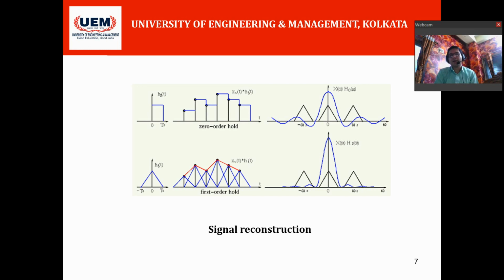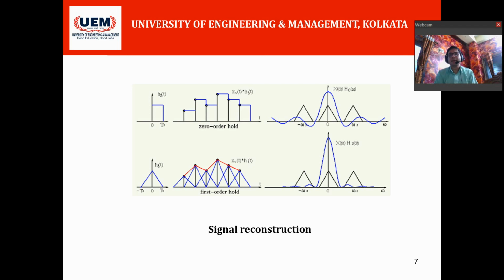In fact, whenever I am speaking, my voice is a continuous time signal that is getting sampled and converted to a discrete time signal, and then it's getting quantized, becoming a digital signal, and then it is stored in my machine, right?